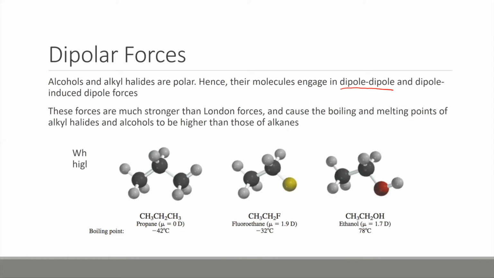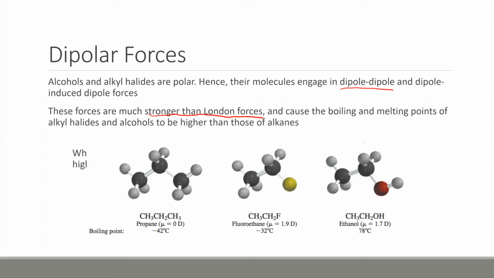We've talked about intermolecular forces. These are forces that are stronger than London dispersion forces or van der Waals forces. So we talked about in alkanes, these London forces are the only types of interactions you have between molecules of alkanes. But if you have an alcohol or an alkyl halide, they will have dipole-dipole interactions.